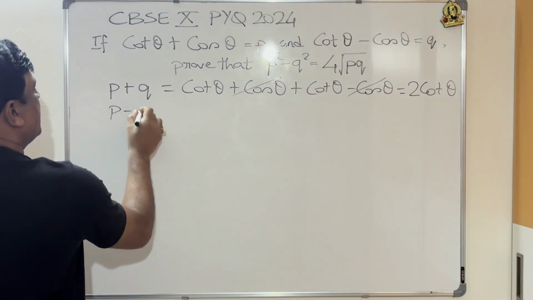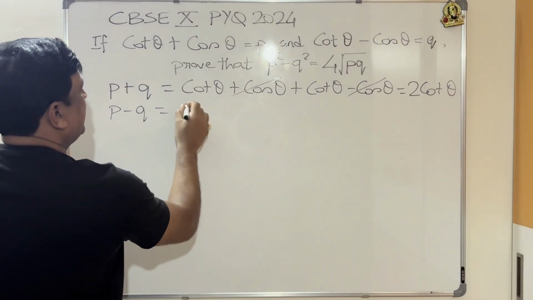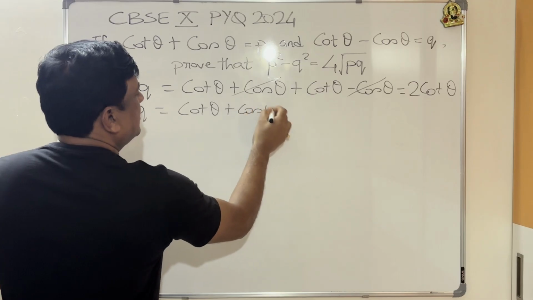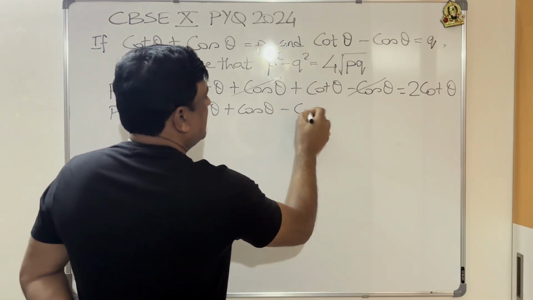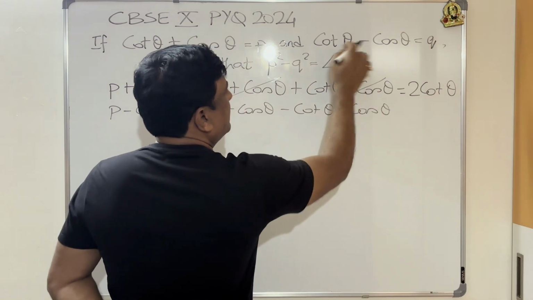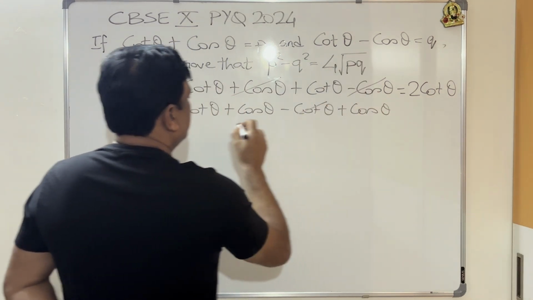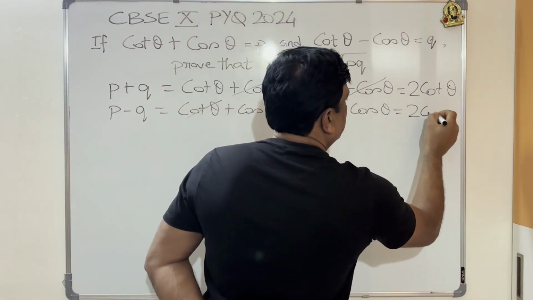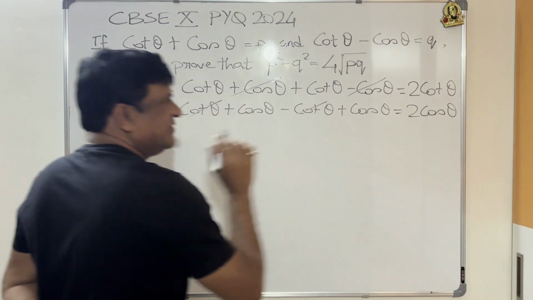Now let's do P minus Q. When you do P minus Q, what do you get? Cot theta plus cos theta minus cot theta plus cos theta, because that minus into minus will become plus. So this time cot gets cancelled out and you're left with 2 cos theta. Okay, that is what you get.